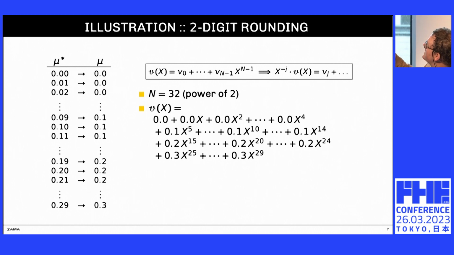If you multiply by X to the power of minus j, you end up with a polynomial whose constant term is v_j. Remember that we are computing modulo X to the n plus 1. For n, we take a power of 2. We have 30 possible values, so we take, for example, n equal to 32.